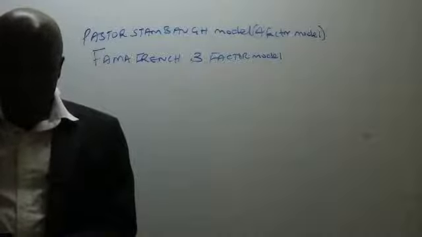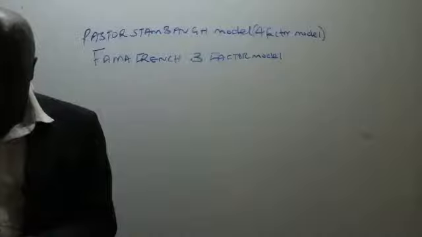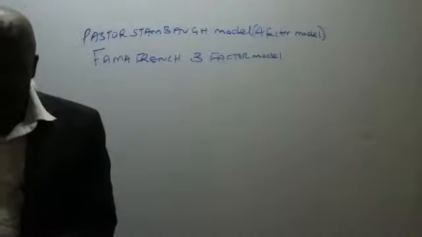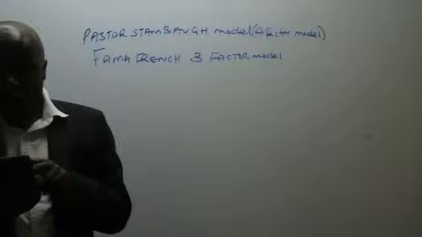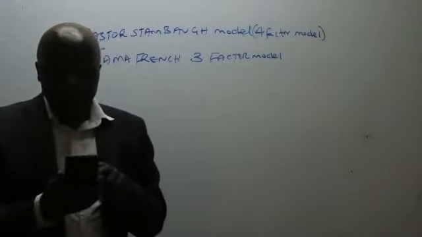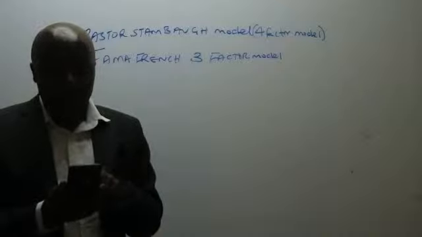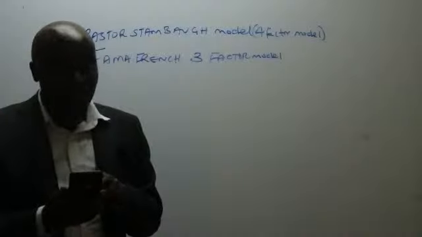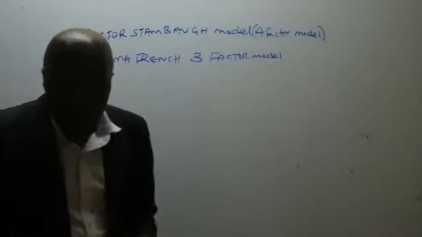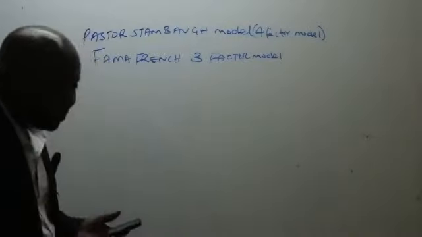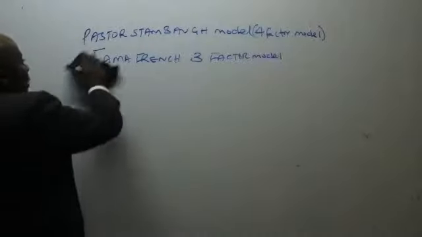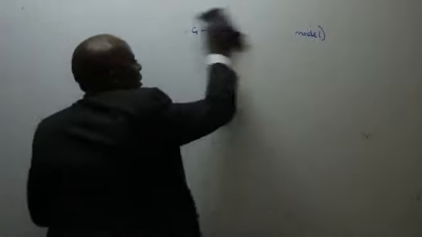Thank you very much. So the estimated factor sensitivity of Diamond Limited to the Fama-French factors and the Pastor-Stambaugh model factors, and the risk premiums associated with those factors, are given in the table below. So they have given us the table nicely there. This is a good examiner, an examiner who is wishing students success, an examiner who is not a sadist.